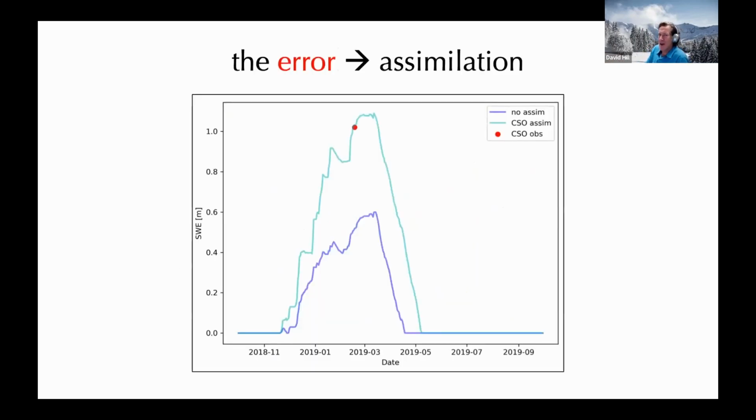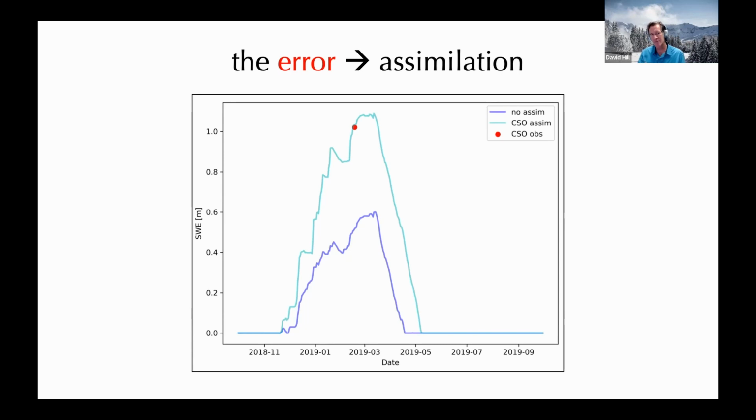So a cartoon example of what we do with these observations is right here. This dark blue line is showing you the snow water equivalent of the snowpack over a given snow season. We see the snow grow and then it goes away really quickly during the ablation season. The red dot, you could think of as being one single CSO observation that we got.